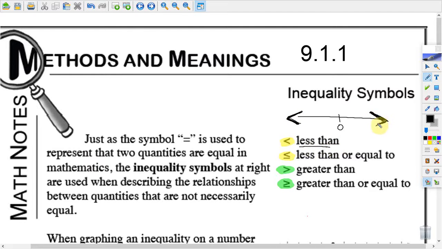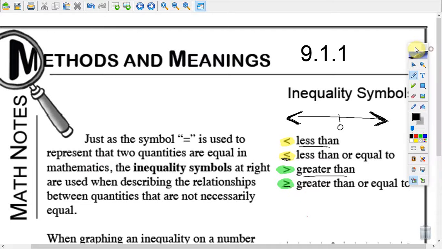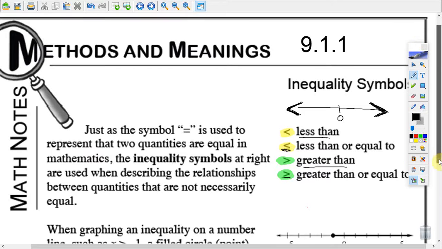The arrow pointing to the right, pointing to the positive numbers, is the greater than. If it's got an equal sign underneath it, it's less than or equal to or greater than or equal to. And of course, on the number line, they're not going to have those under it. But if it's got the equal sign underneath it, then that's equal to. I find that helps me distinguish which one's less than and which one's greater than.